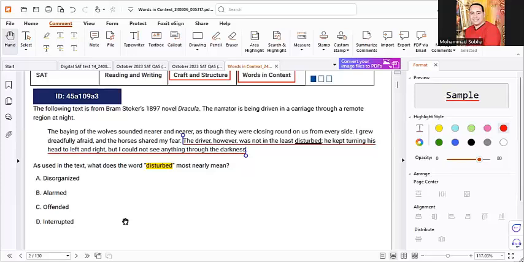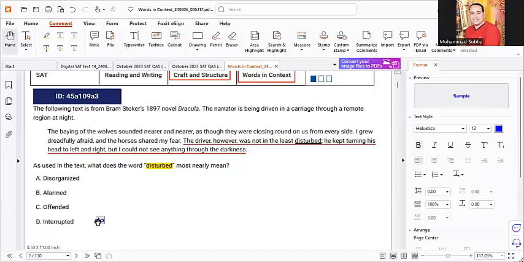You mean interrupted? Do you know the meaning of interrupted? Interrupted means to be stopped by somebody or someone.